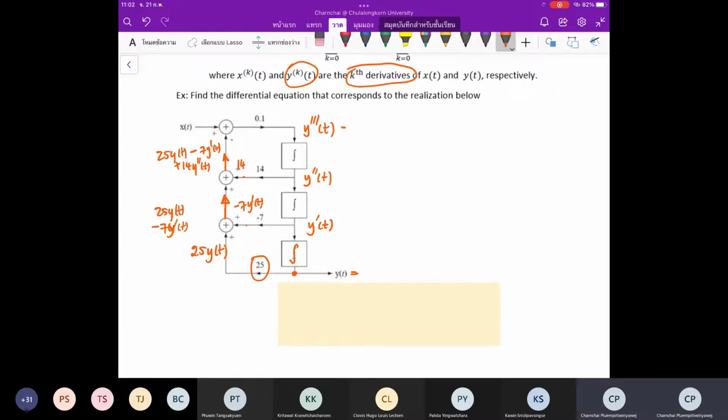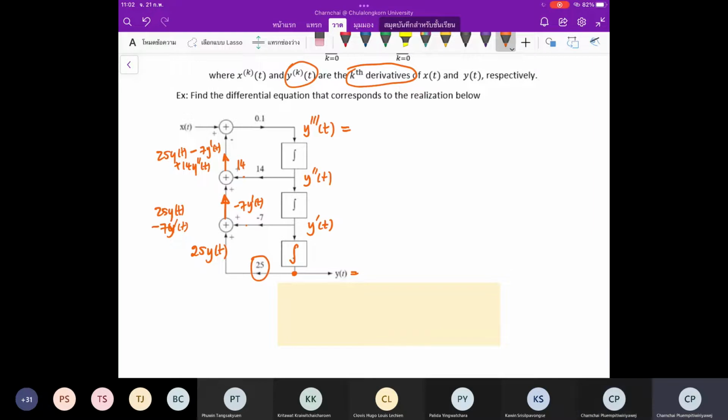So over here we're going to get y triple prime t multiplied by, hold on, what's y triple prime t?